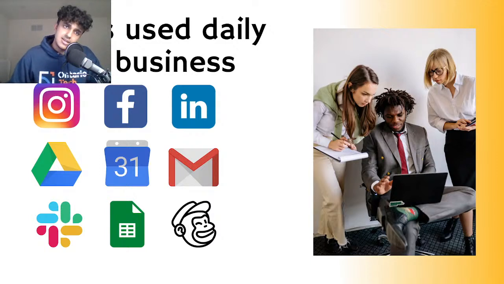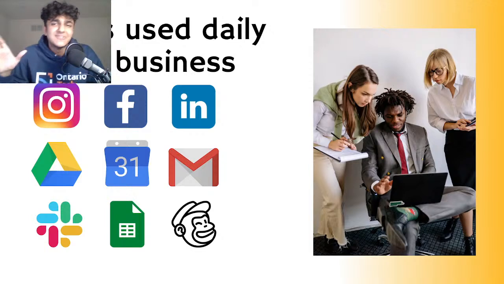So here you just had a rough idea of all the apps that are used in a business, and what they have in common: there's a lot of small repetitive stuff you do on them. For example, on Instagram, when you post something, if you're part of the media department, you have to copy that link and send it on Slack to someone, saying, hey look, I did the work you told me to do.